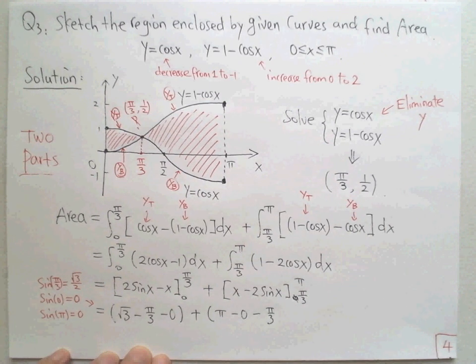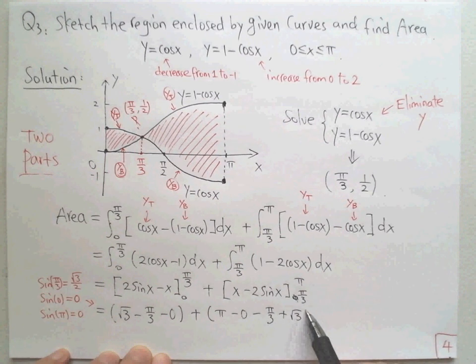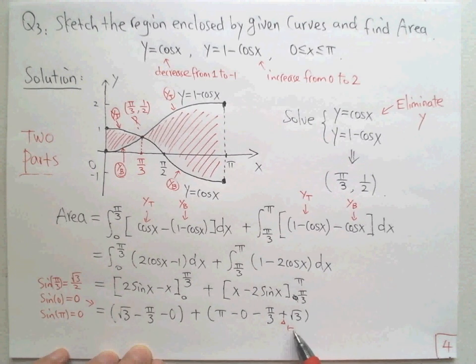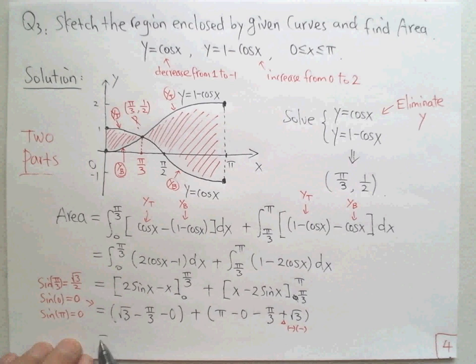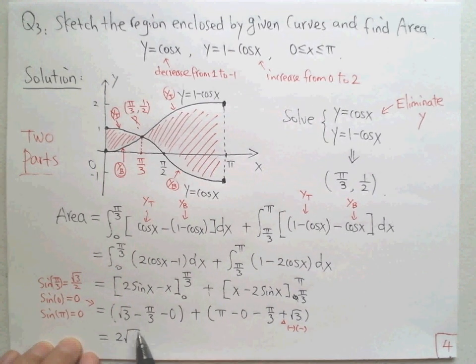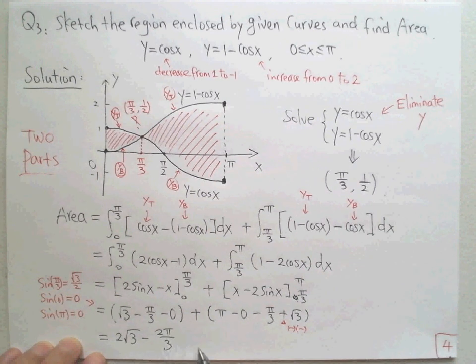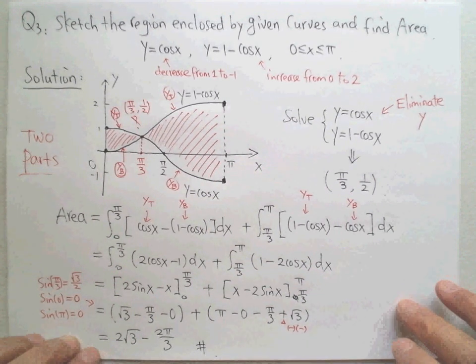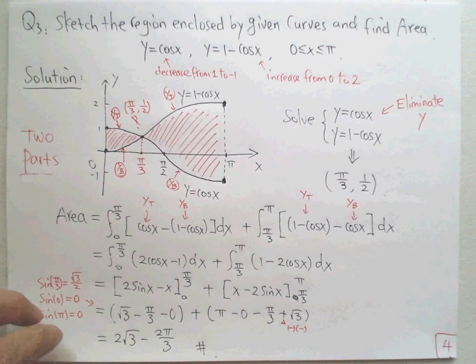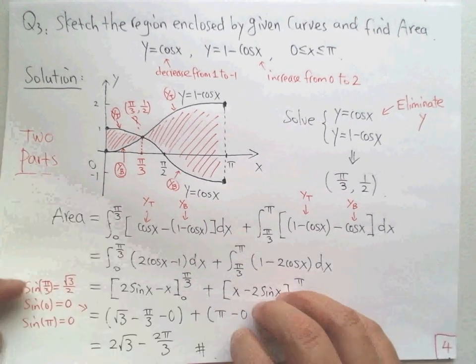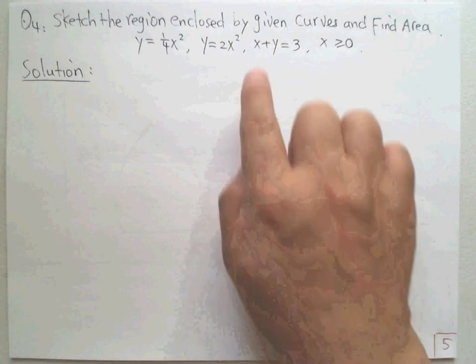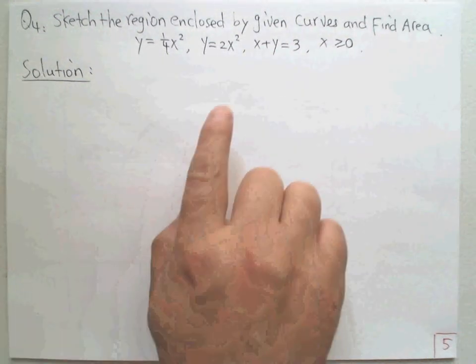So we have minus pi over 3 minus negative square root of 3, which means a plus, because negative times negative is positive. Simplify, and the result is 2 times square root of 3 minus 2 pi over 3. You can go verify that. These questions, be patient. The last question.